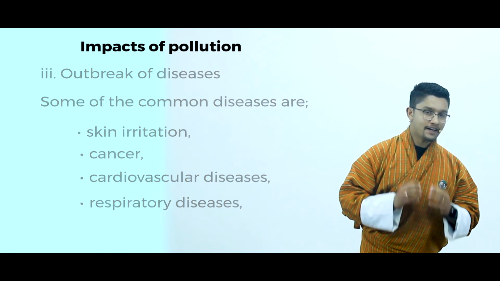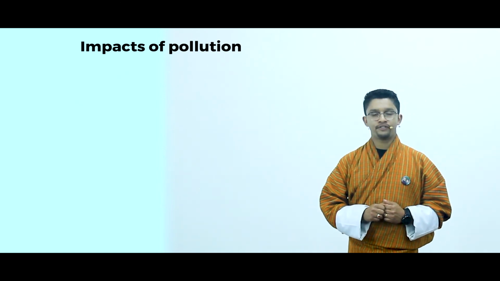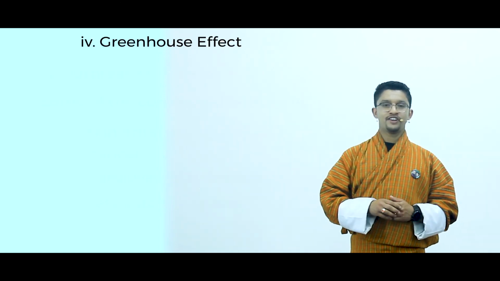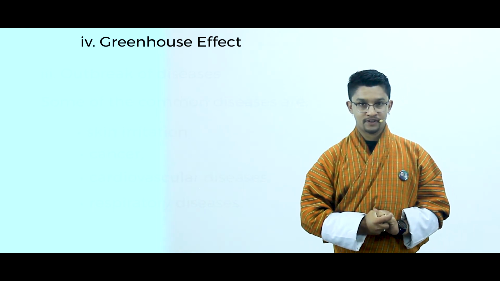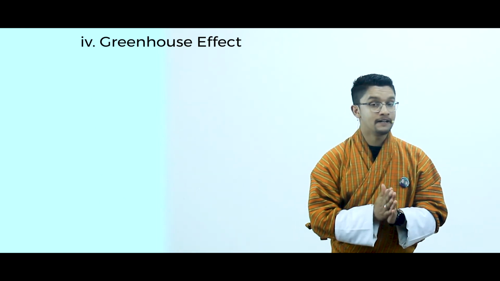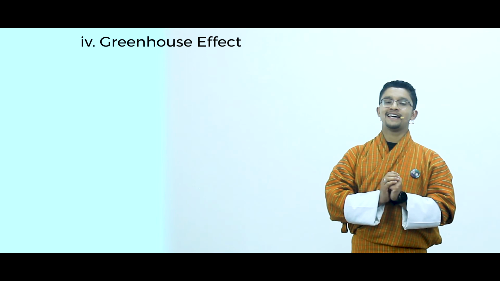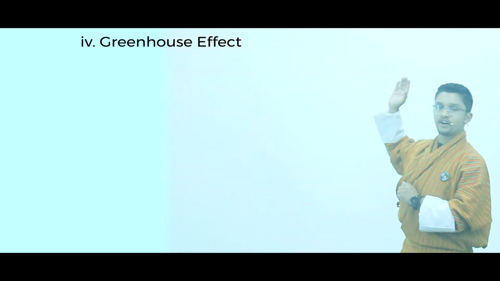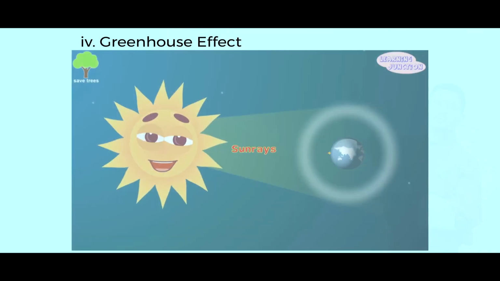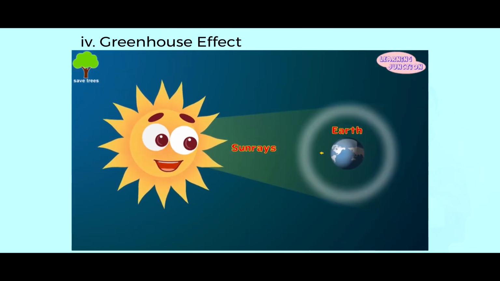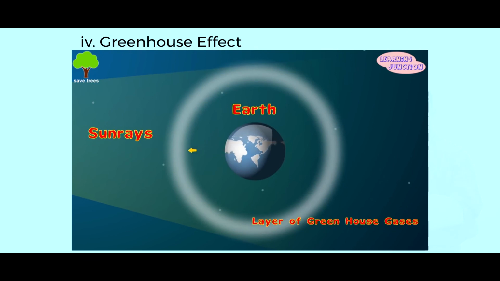And the other important impact of pollution is the greenhouse effect. As I specified earlier, there are some gases called greenhouse gases. So if you look here, you can see how greenhouse gases affect the atmosphere.